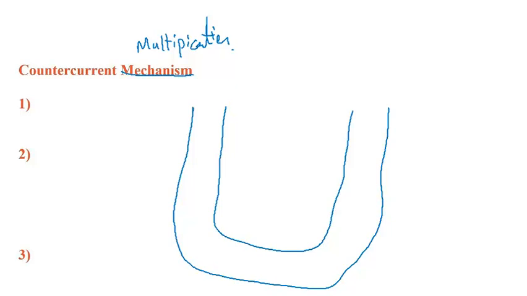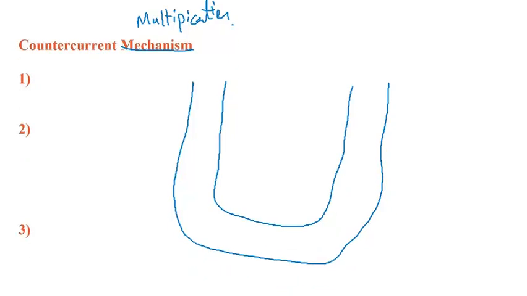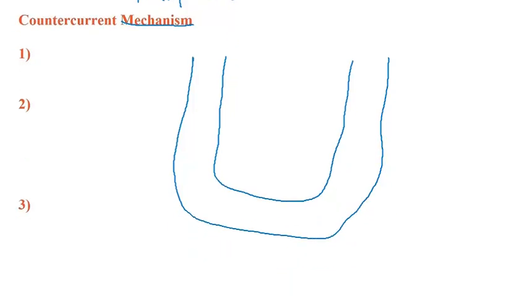So let's say that we have a brand new nephron and now the filtrate is entering the loop of Henle. I'm trying to describe how a countercurrent multiplication is being developed here. Since there is 300 milliosmolar concentration in the proximal convoluted tubule and there is proportional reabsorption of solutes as well as water, therefore 300 milliosmolar also enters the loop of Henle.